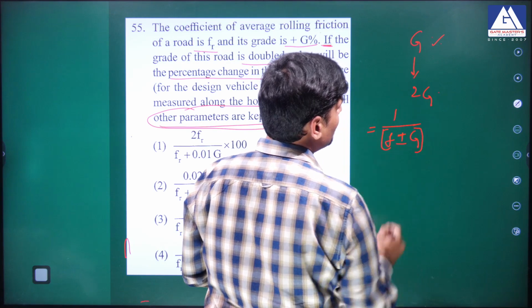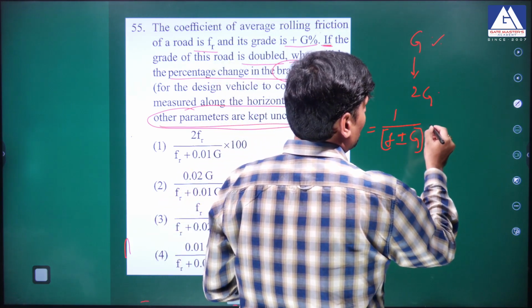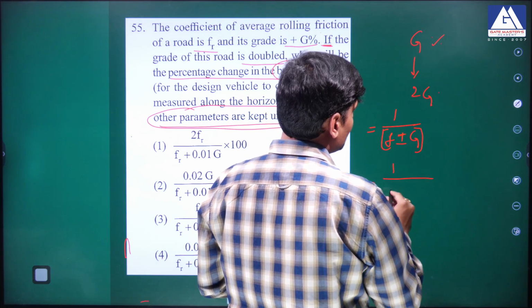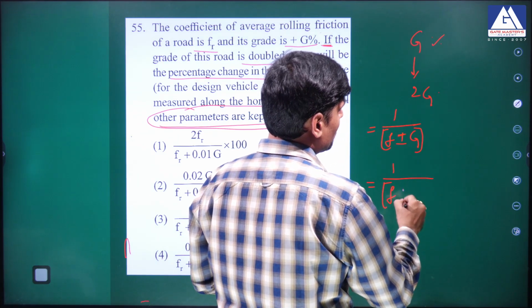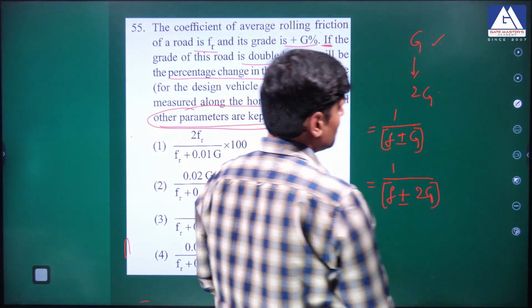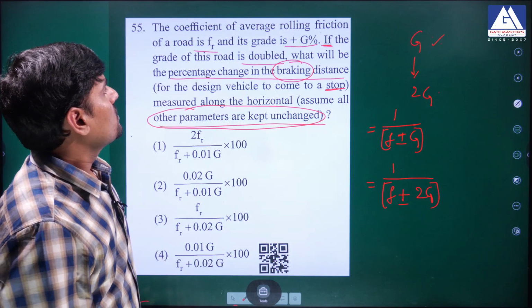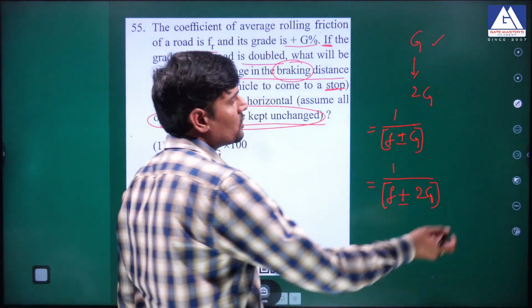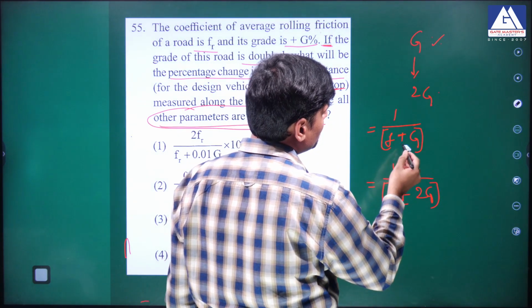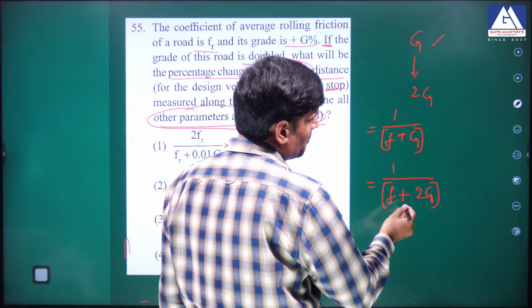So here this is one kind of distance, but he is asking for the change in braking distance. What if the g is going to be doubled? So this is plus 2g. Since he is talking about the positive gradient, let us utilize only the plus in the formula.